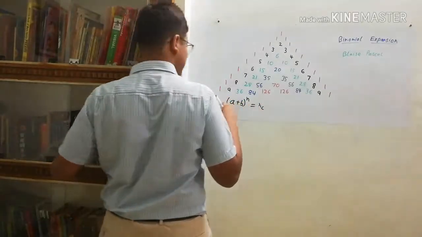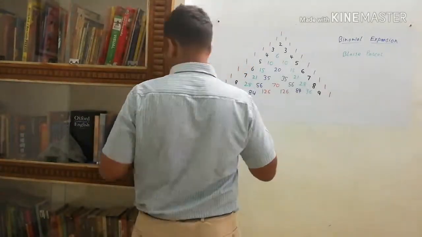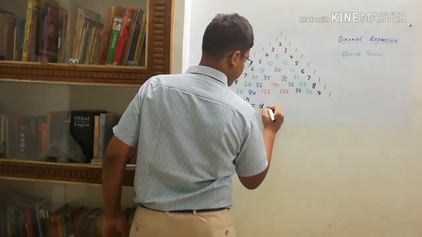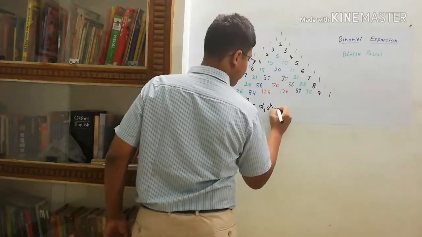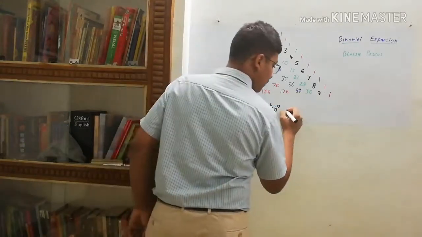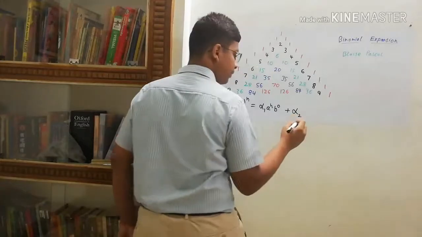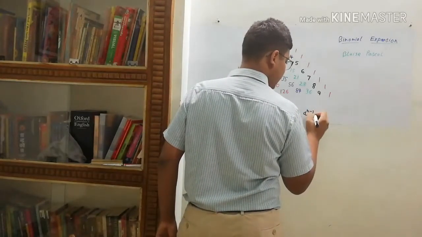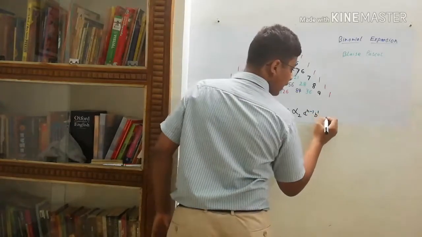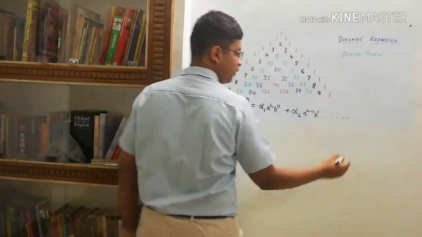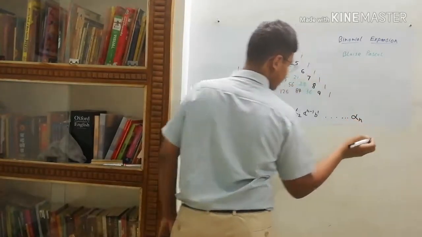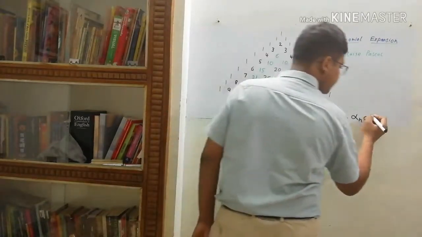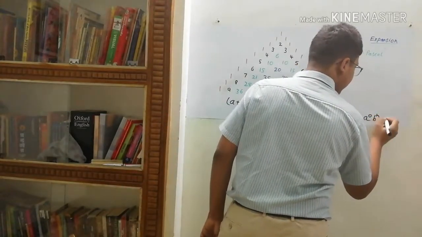For making it easier, let's write the coefficients as alphas. So it would be alpha 1 A to the power n B to the power 0, plus alpha 2 A to the power n minus 1 B to the power 1, and so on. It will go till alpha n A to the power 0 B to the power n.